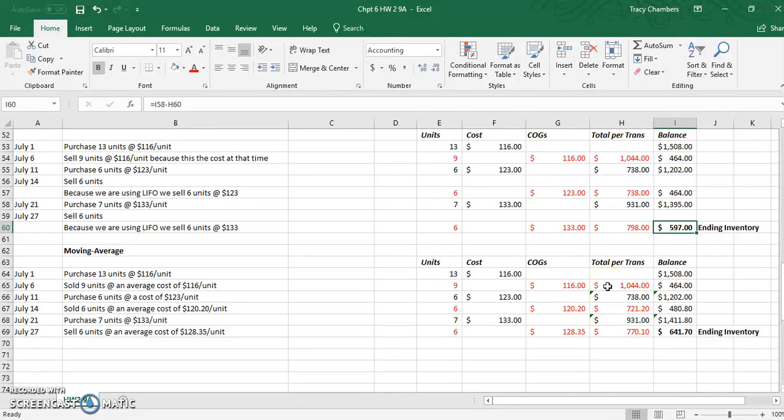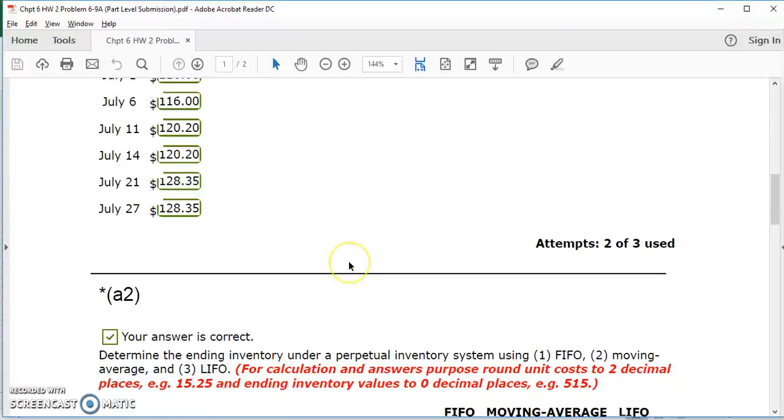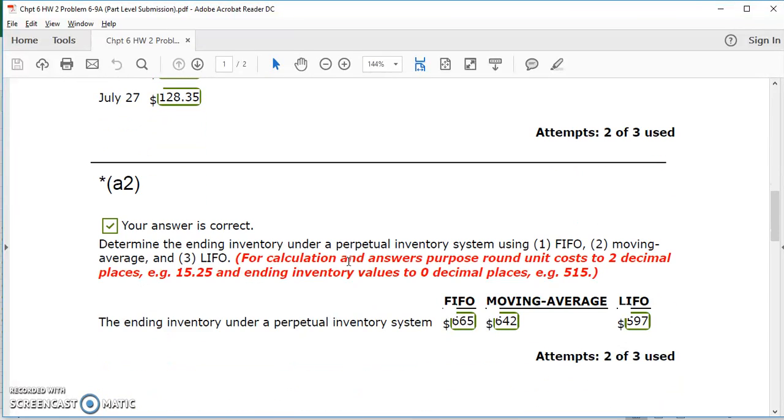We get a transaction total of $1,044, which we deduct from our balance to get $464. We just continue to do this all the way down, calculating our transactions and subtracting them from the previous balance, which leaves us with an ending inventory of $641.70. And if we go back over here to the problem in our homework, we can see that our ending inventories are calculated correctly.